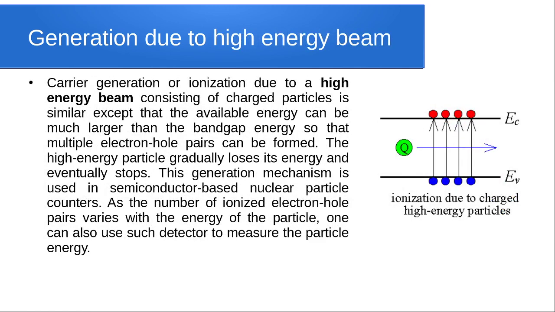The next mode of generation of excess carriers is due to a high energy beam. The carrier generation due to a high energy beam consists of charged particles having available energy much larger than the band gap energy, which can be used to excite the electrons from the valence band to the conduction band.